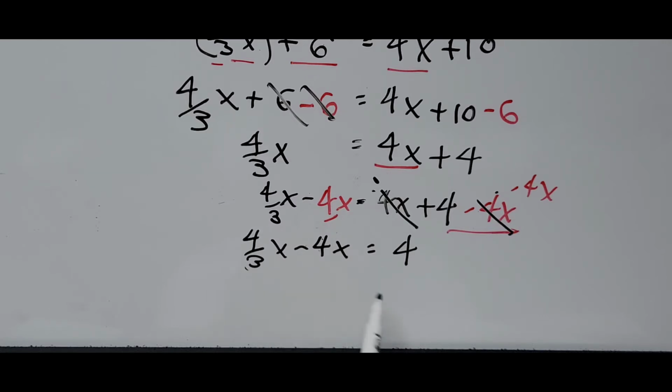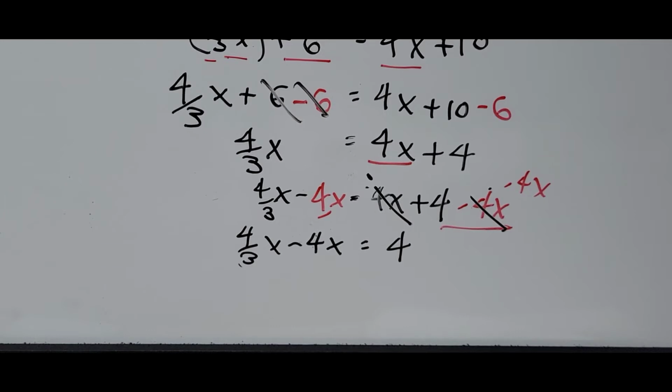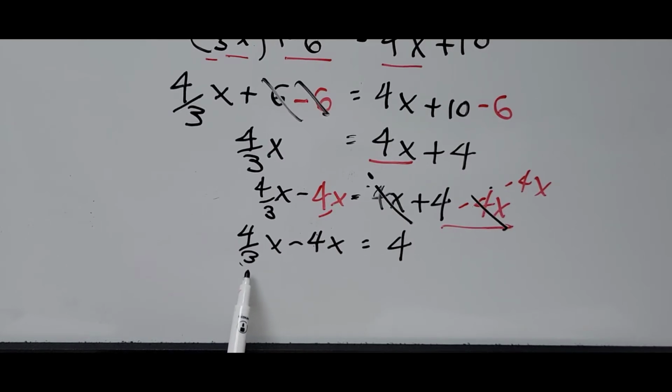Now how are we going to simplify that further? If you notice, we have a fractional coefficient of x over here, 4/3. How are we going to eliminate that fractional coefficient? The best way for me to do that is to get rid of the fractional part.